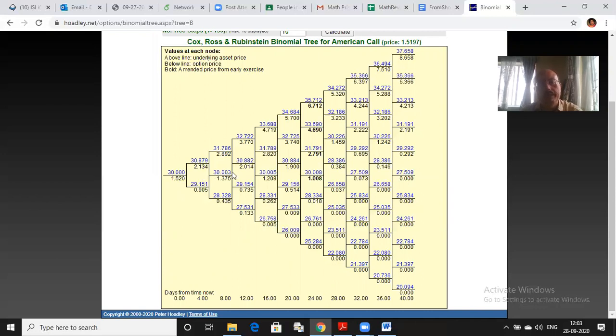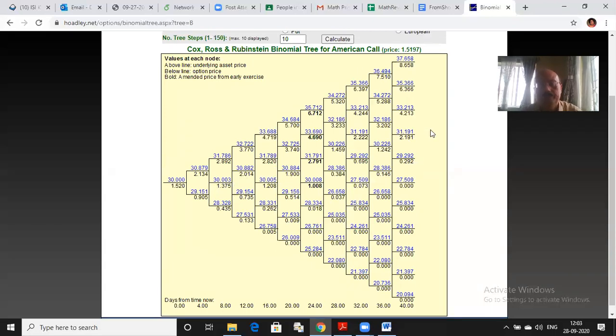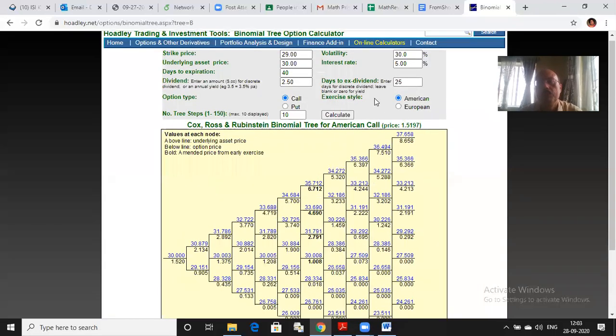The recombining doesn't happen exactly, maybe because of some rounding off, but this is still a reasonably simple model that you can work with. So this volatility and interest rate trigger, we will discuss now how we get our P and U from these calculations.